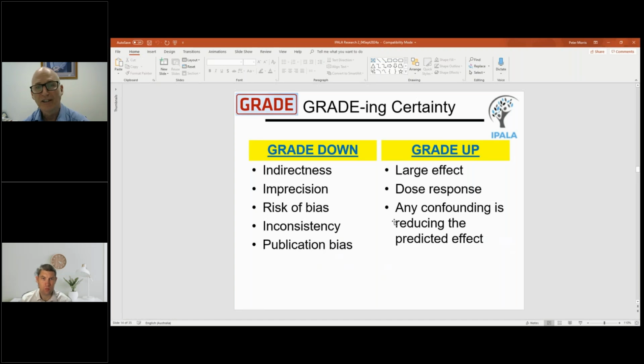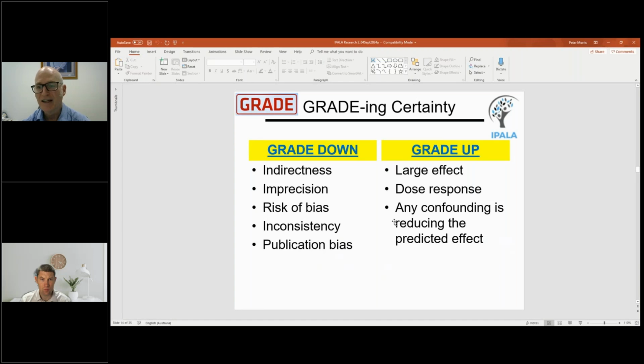Risk of bias looks at things like how well is the randomization done, how good is the blinding, how good's the follow-up, was there any selection of outcomes based on the results, or was it all determined before the investigators saw any of the results?